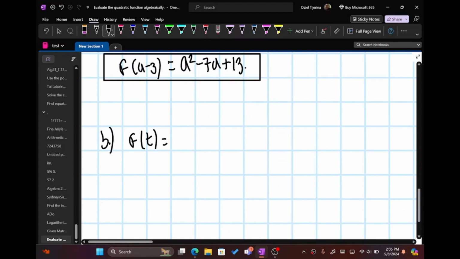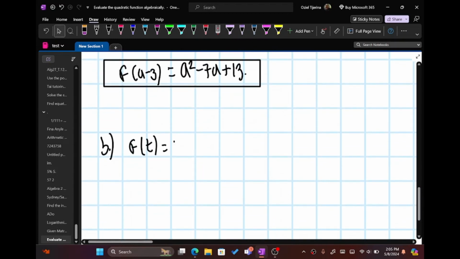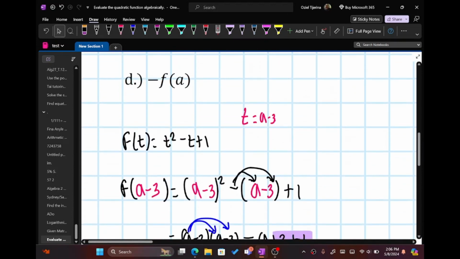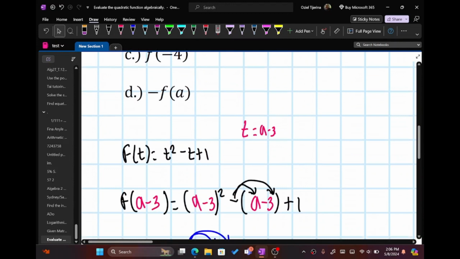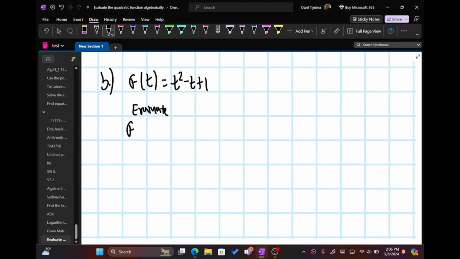So f of t again is t squared minus t plus 1. And then we want to find f of negative a. So evaluate f of negative a, right?